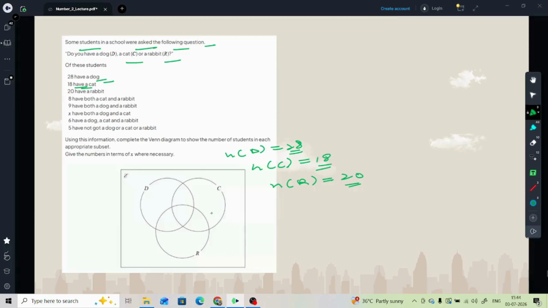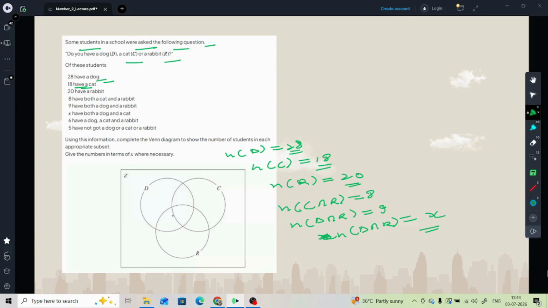8 have both a cat and a rabbit. So the number of elements in C intersection R is 8. 9 have both a dog and a rabbit, so that's 9. And X has both a dog and a cat, so the number of elements in D intersection C is X. And 6 have a dog, a cat, and a rabbit.